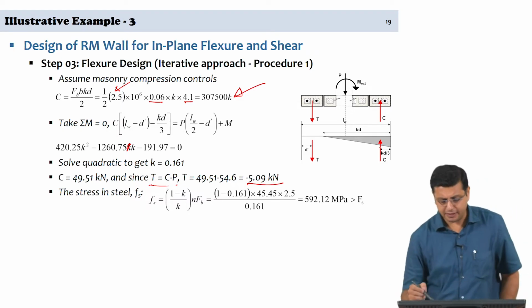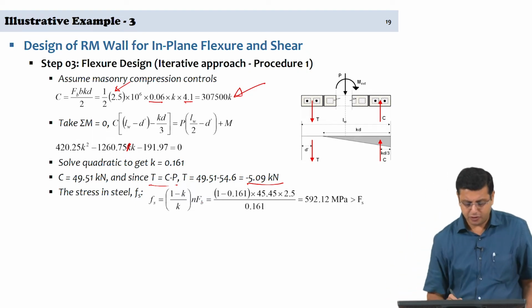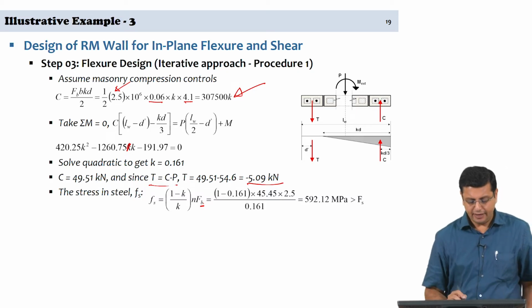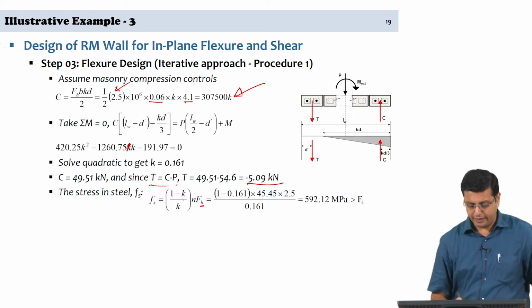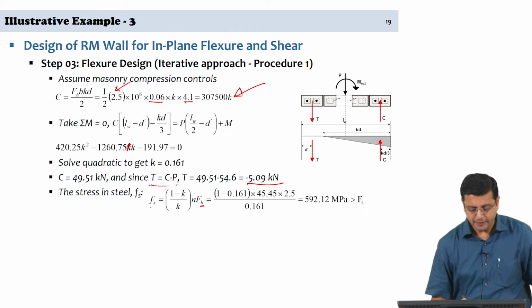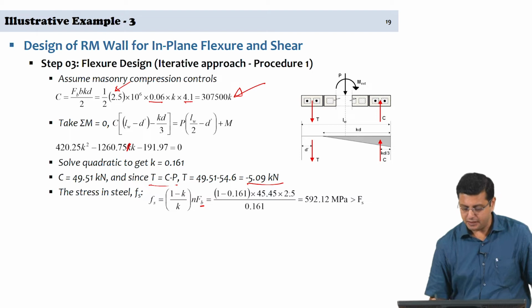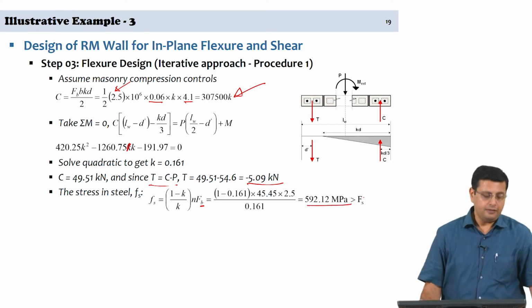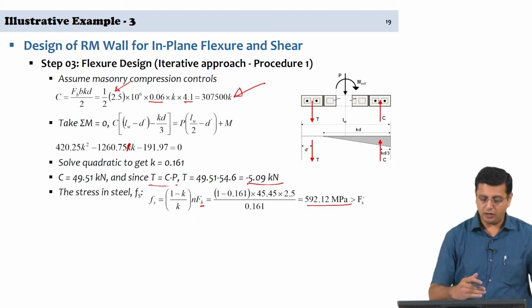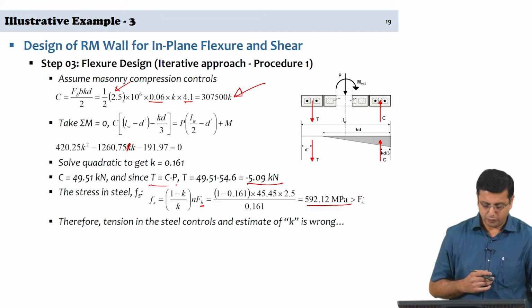As the compression controls, we have the stress in masonry equal to Fb, and therefore, from similar triangles and compatibility we can estimate what the stress in steel is, but this stress in steel works out to be much higher than the permissible stress in steel, which is 230 MPa. Now, this implies that the assumption that masonry compression controls is wrong, and therefore, the estimate of K is wrong.